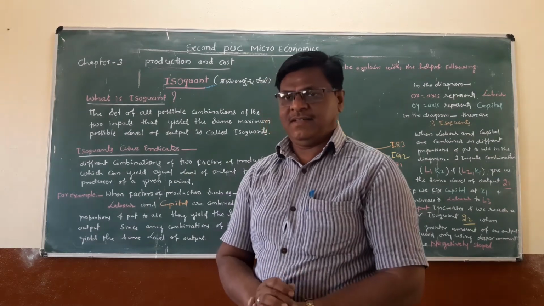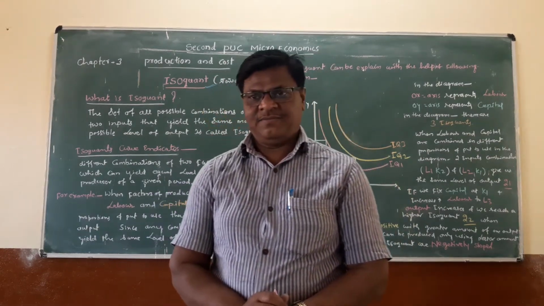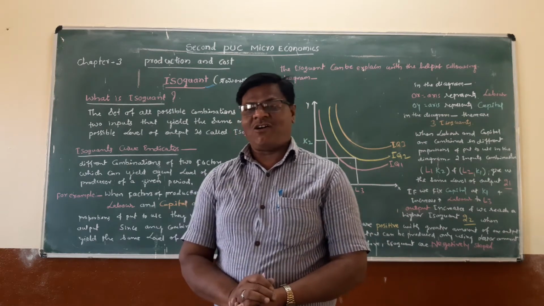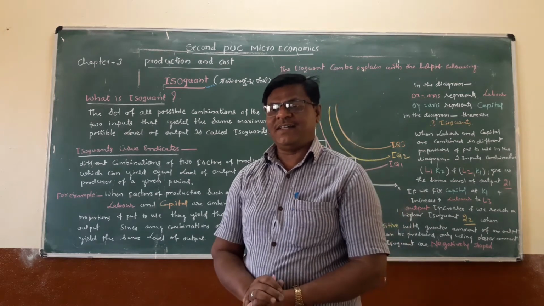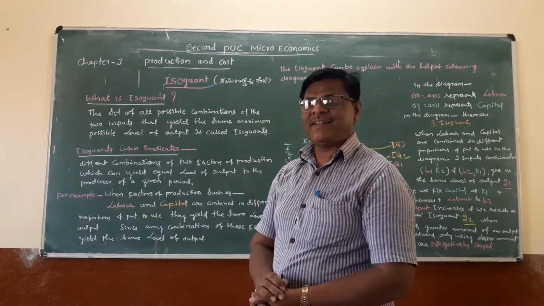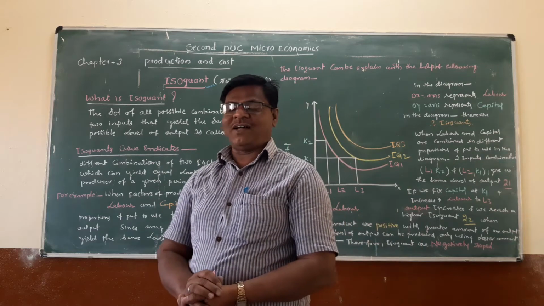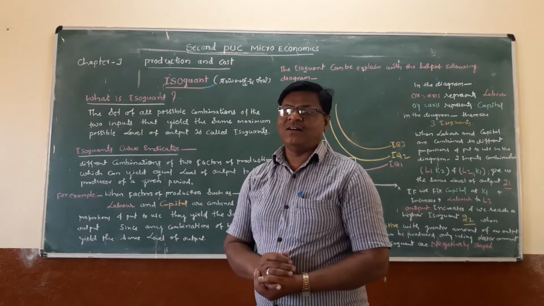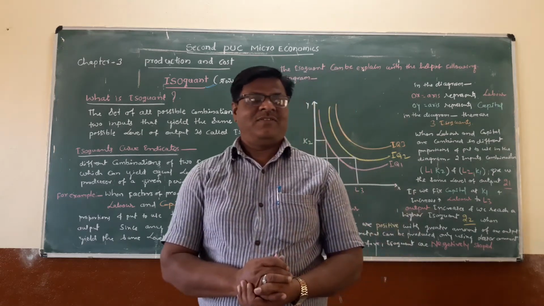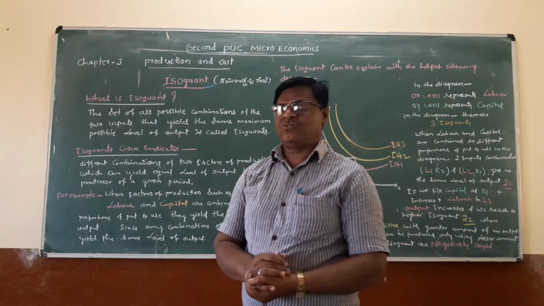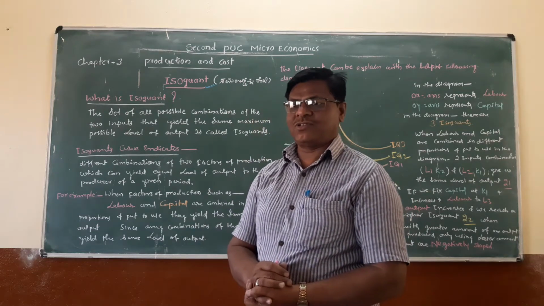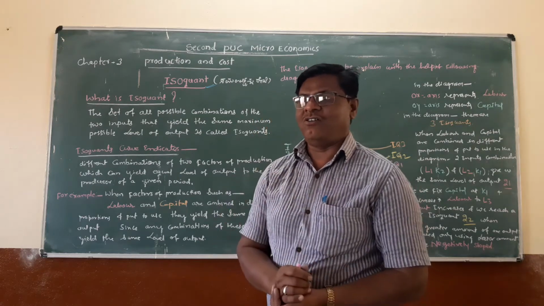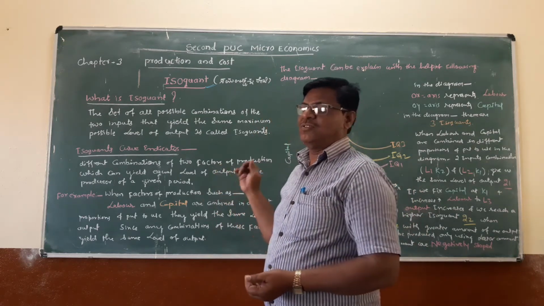Today let us study chapter number 3, that is production and cost. In production and cost, today let us study the isoquant. What is an isoquant, what do isoquant curves indicate, and what factors of production are taken to produce output.